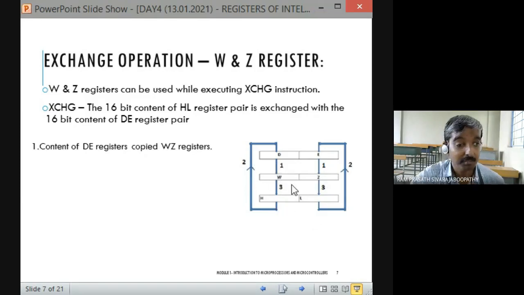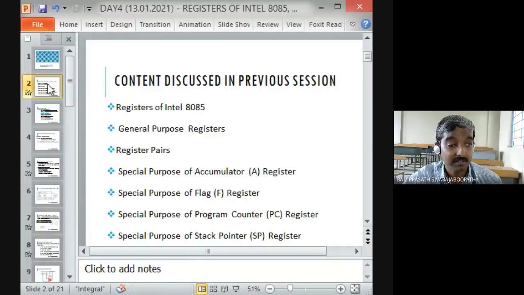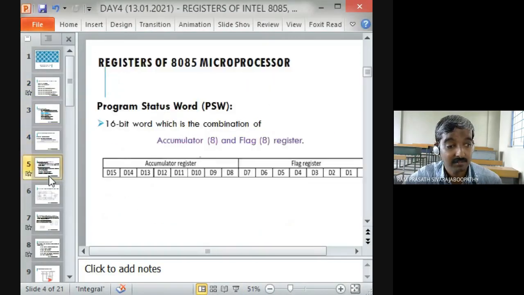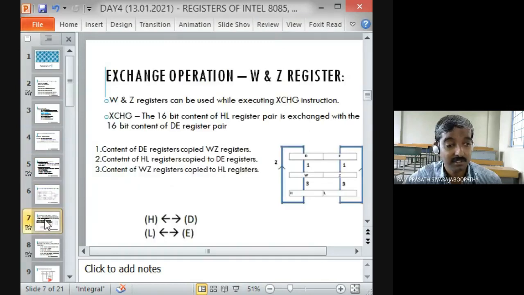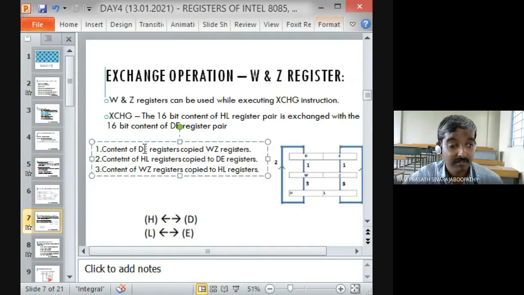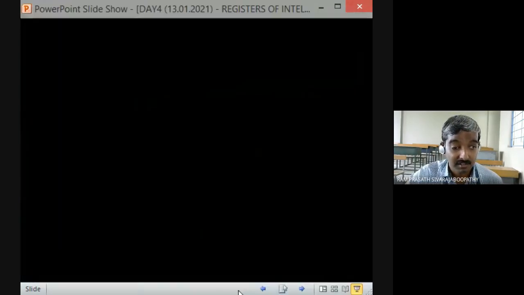Okay, I think we have mentioned the arrow wrongly here. From the content of DE register pair, let us take it as HL. This can be HL. Sorry for the inconvenience. Okay, so what is in the HL register pair has come like this. DE to... it is actually correct. Sorry, it is correct. Sorry, I'll explain.